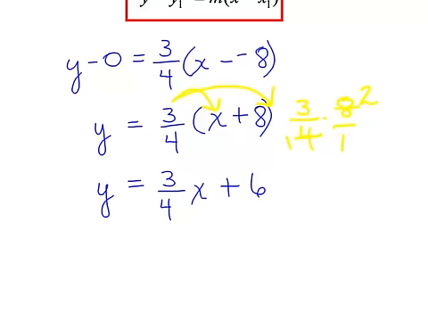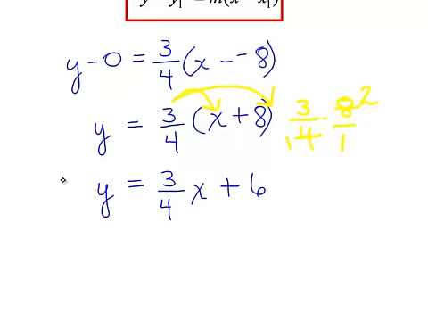Sometimes they may want you to put it in standard form or general form. Standard form means I don't want any fractions, and I want my x and y's on the left, and I also want my x to be positive. I want it to look very pretty in standard form. General form wants everything on the left, even the constants. Well, let's get rid of these fractions.